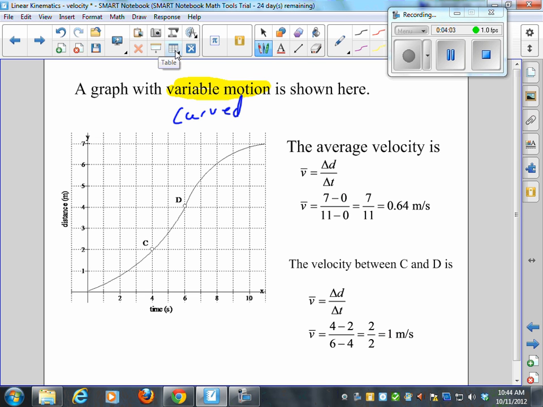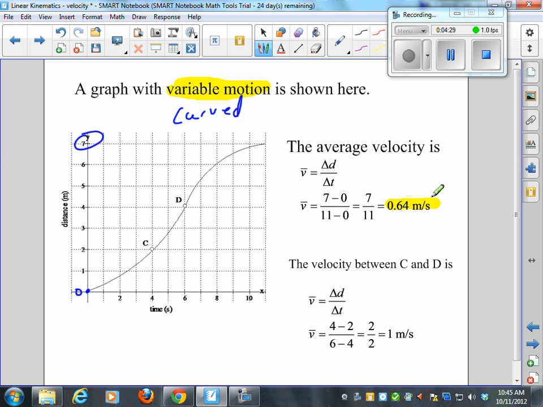The overall displacement starts at a position of 0, and it ends up here at 7. So the displacement is 7 minus 0. I went 7 meters, and it took me 11 seconds. And so my average velocity is 0.64 meters per second.